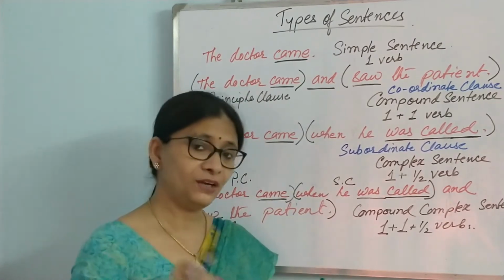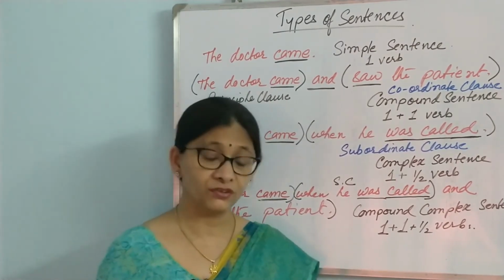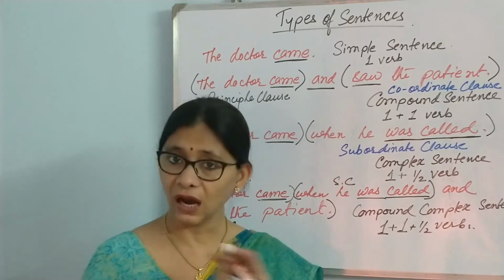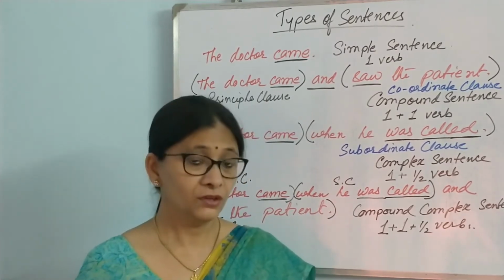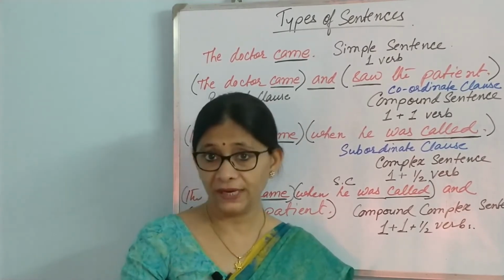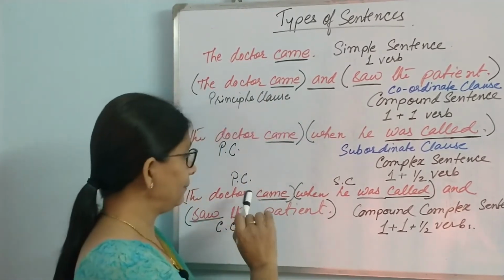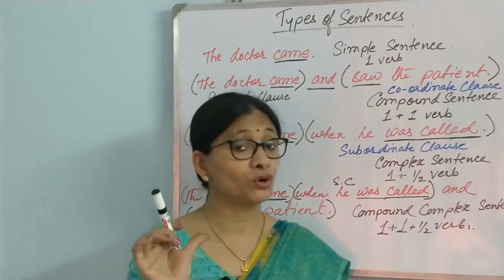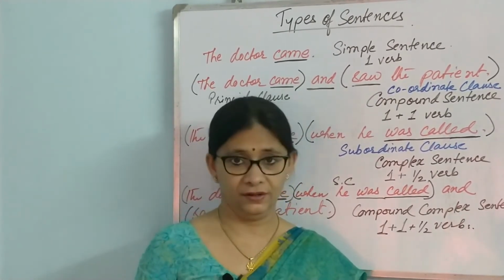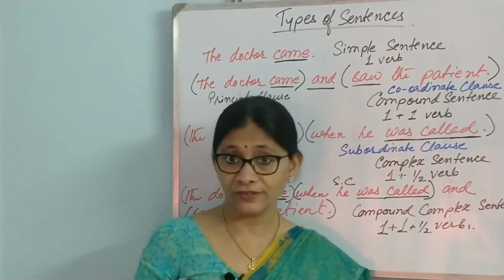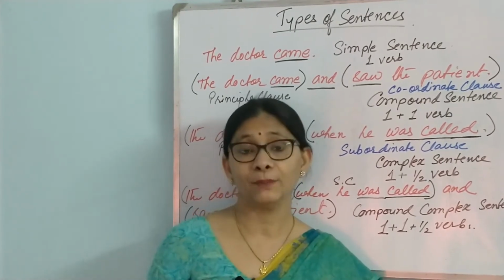So there is a set of coordinate conjunctions and subordinate conjunctions, which even though it is not hard and fast, still we can count on them. So that method of locating sentence type comes secondary, but the primary is, always keep in mind, we have to find the number of clauses first and verbs therein. We have to first locate clause and verb, and then we have to find out the type of sentences.